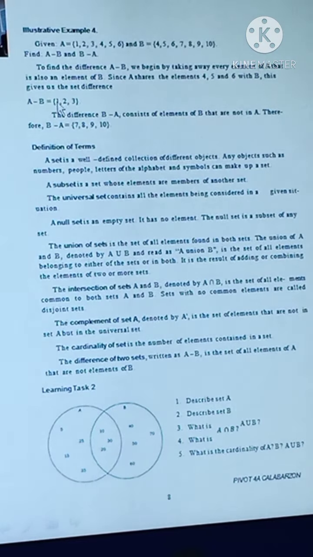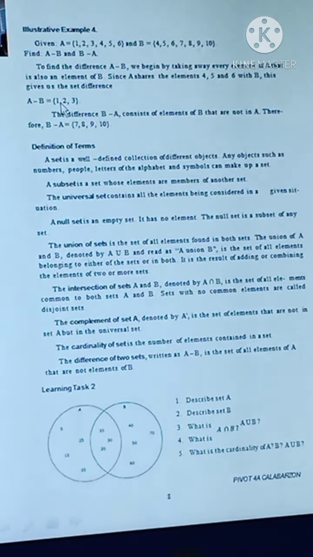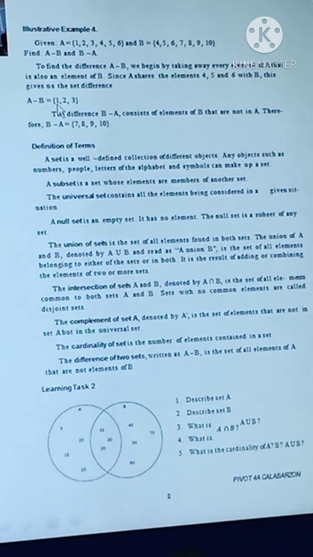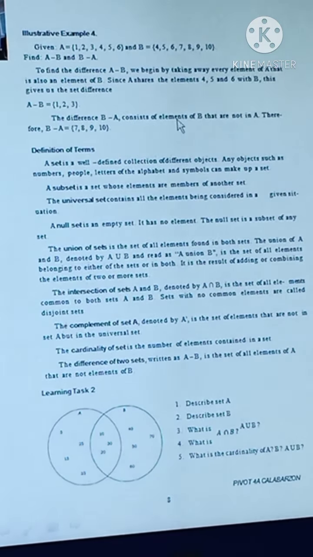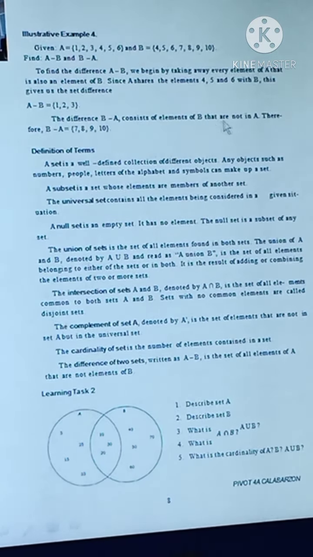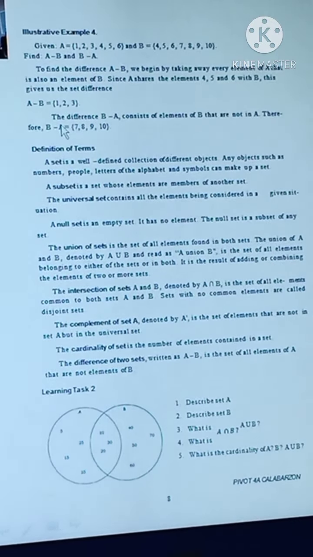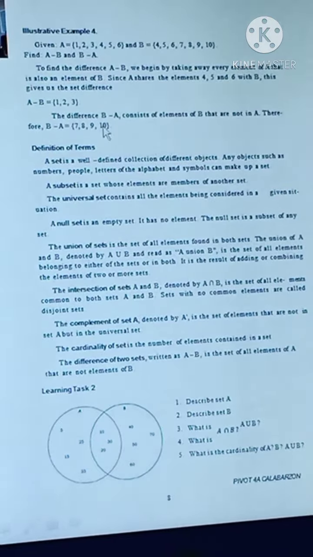Okay? So, this gives us the set difference. A minus B is equal to the bracket, inside the bracket 1, 2, and 3. Naintindihan? The difference naman, baliktad, B minus A naman, consists of elements of B that are not in A. Therefore, B minus A is equal to 7, 8, 9, and 10.